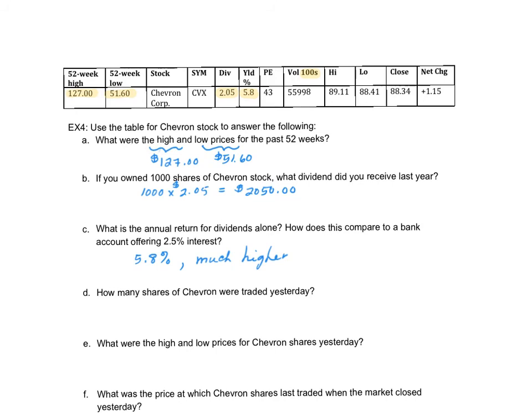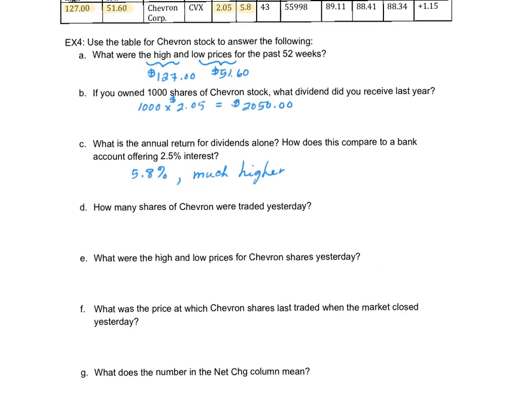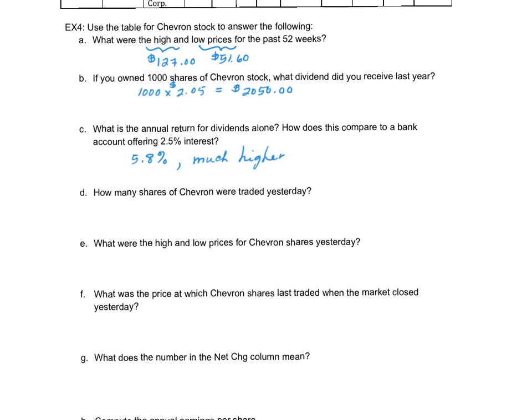But in this case, since it's per 100, we have to take the 55998 and multiply it by 100, to give us 5,599,800. So 5,599,800 shares were traded the day before.